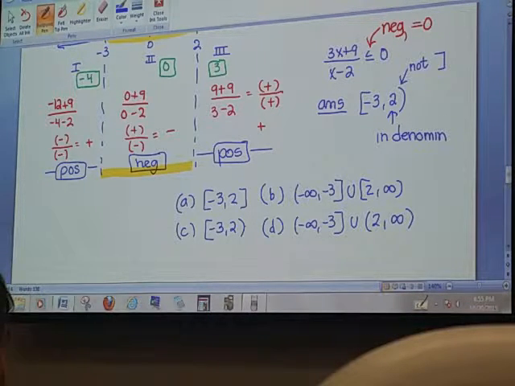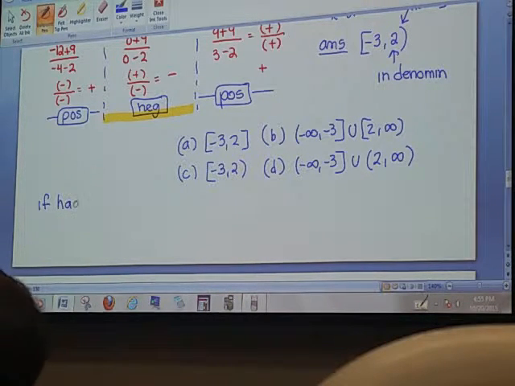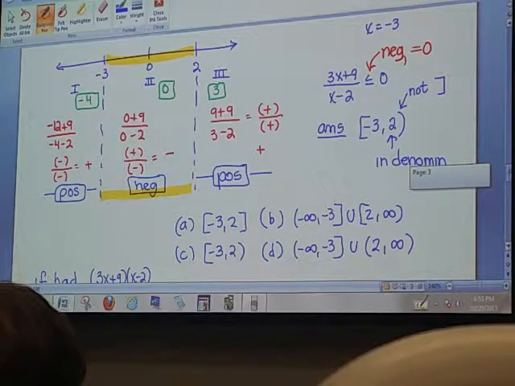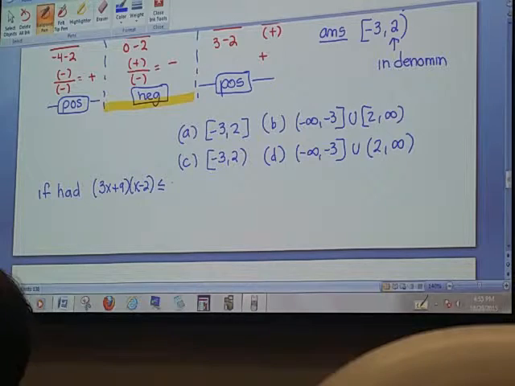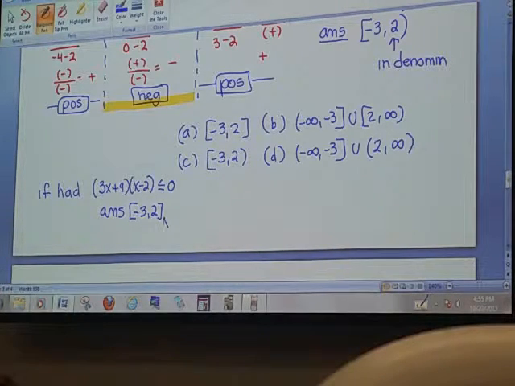And, to make it even better, if the original problem had not been a quotient, so if the original problem had been 3x plus 9 times x minus 2, in other words, they weren't a quotient, they were a product, then my answer would be -3 to 2, closed.